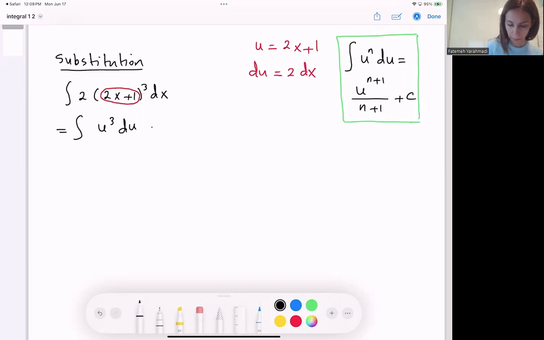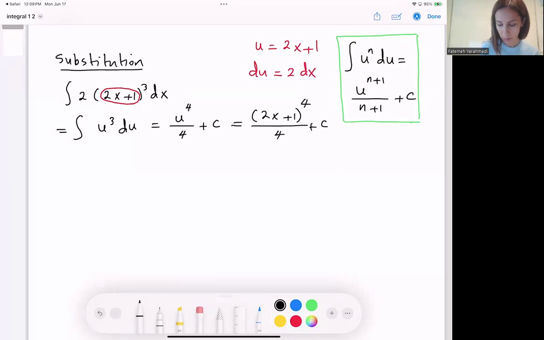So now this is equal to u to power 3 plus 1, or 4, divided by 4 plus constant of integration. Now you just need to do the substitution again. u is equal to 2x plus 1. So this is equal to (2x plus 1) to the 4th divided by 4 plus c.